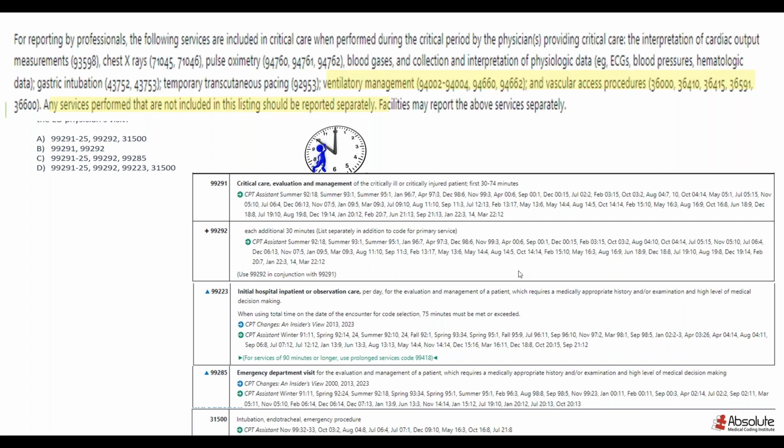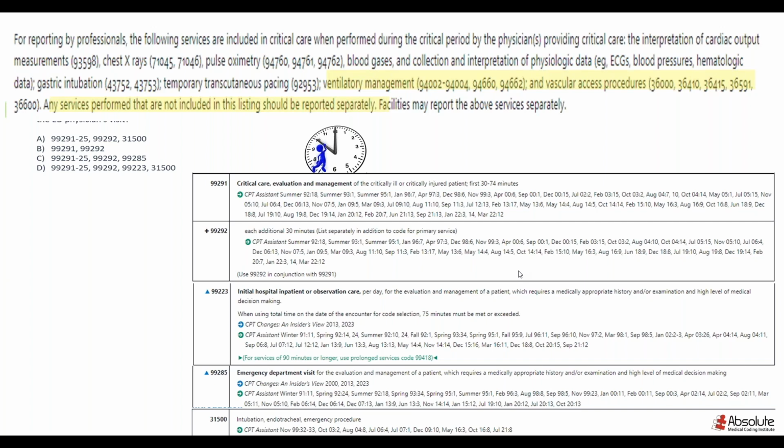Any services performed that are not included in this listing should be reported separately, and the facility may report the above services separately. So, coders, that means any services which have not been mentioned above, which have been provided during a critical care service, can be coded separately.